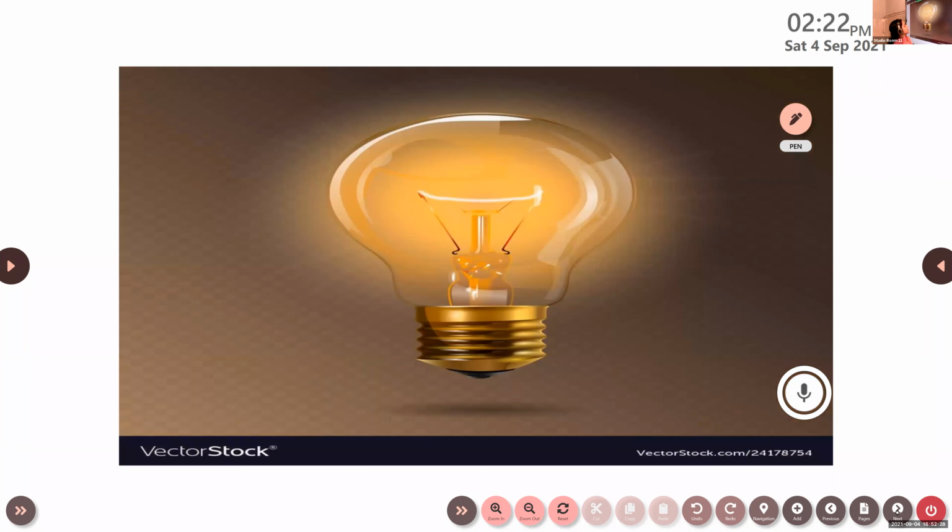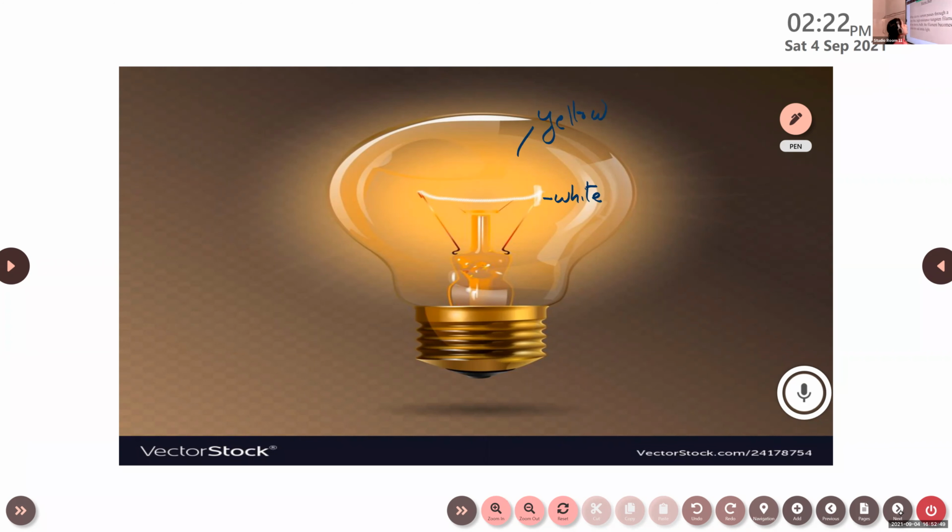Okay, so now we can see this kind of light is produced by our incandescent bulb, or filament bulb. It produces a yellow light. Whenever the filament becomes heated, it becomes white in color and emits a yellow light to the outside.